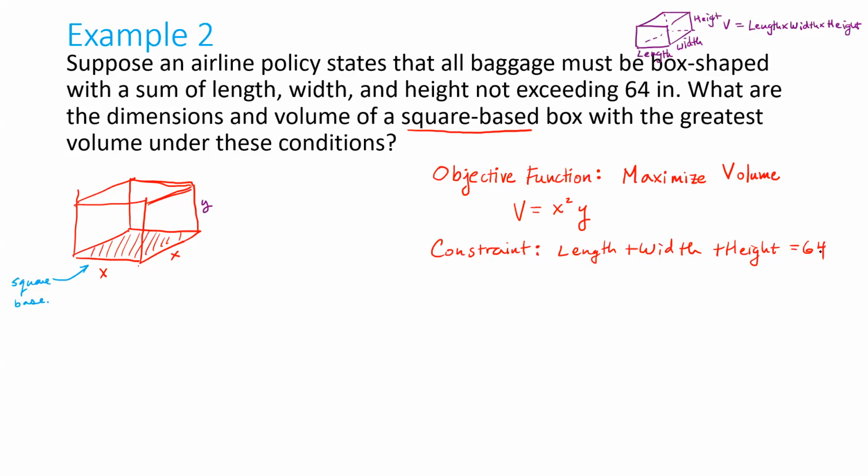I'm just going to set it equal to 64 because we know that'll give us the biggest that this sum could be. Since our goal is to maximize the volume, we want this to be as big as possible. So in other words, we have 2x plus y has to equal 64.